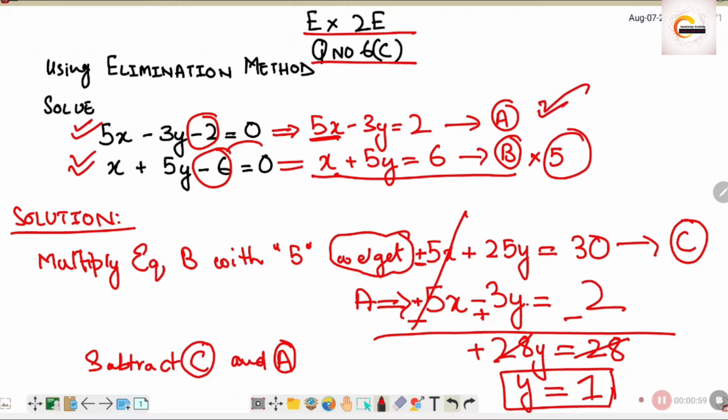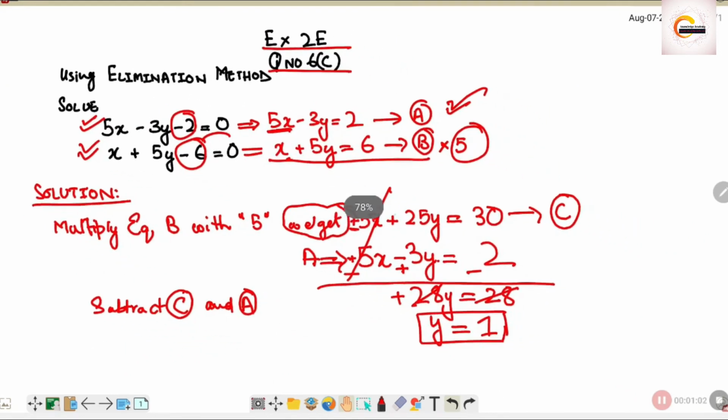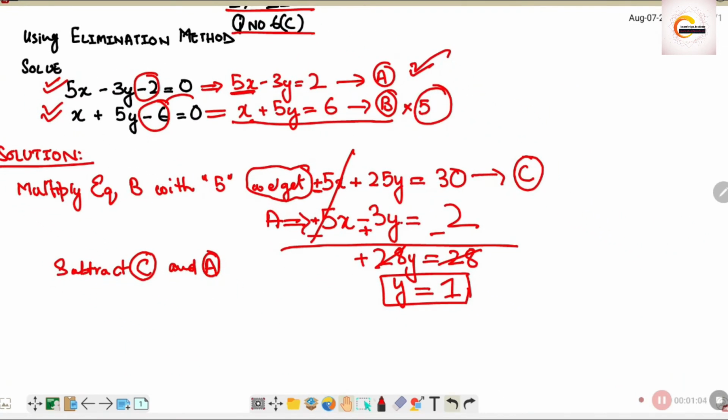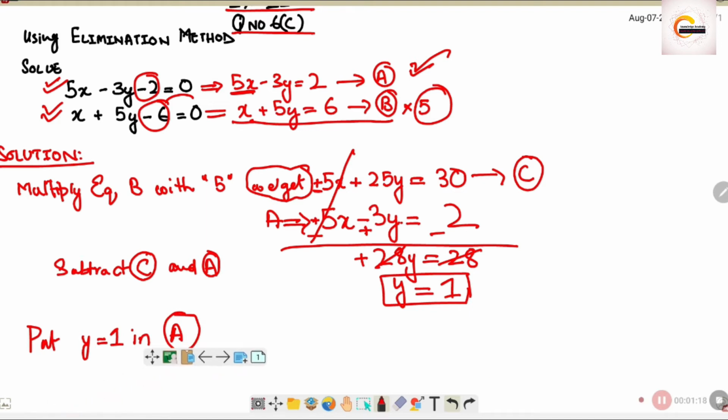Now let's put this value. Put y is equal to 1 in A, and once we substitute this value of y in our equation A, we will get the value of x.